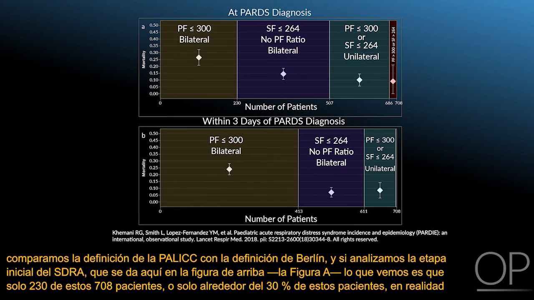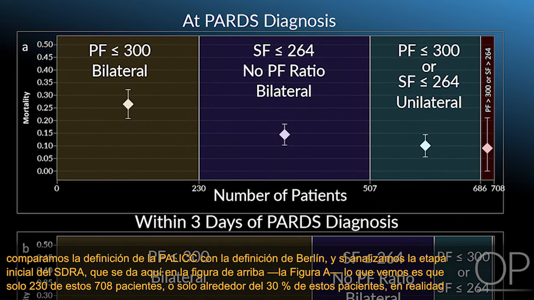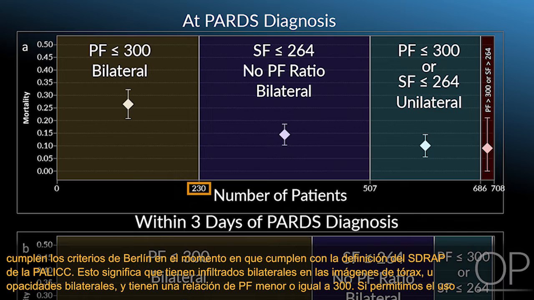Now, when comparing the PALICC definition to the Berlin definition, and if we look at ARDS onset, which is given here by the figure on the top, figure A, what we see is that only 230 of these 708 patients, or only about 30% of these patients, actually meet the Berlin criteria at the time that they meet PALICC PARDS definition.